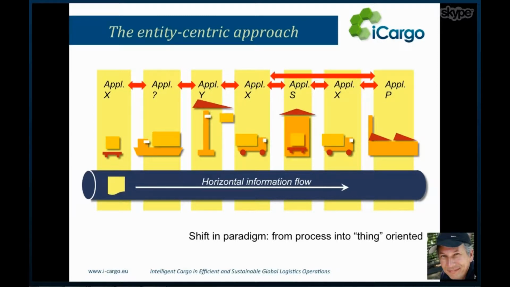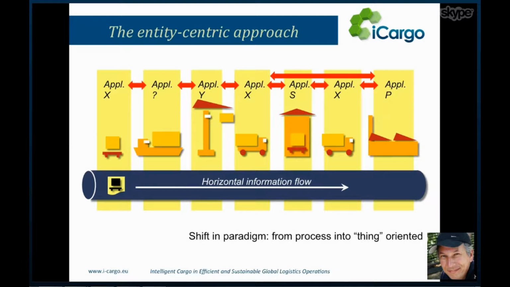So the current approach is to build computer systems to support processes, and we extend it with information organized per thing. This is what we call the entity-centric approach, and it is one of the main things where the iCargo infrastructure differs from other infrastructures.